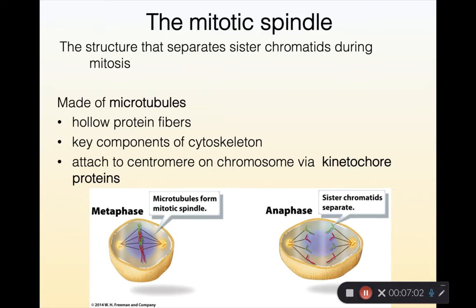Another important feature of the spindle is that the chromatids attach to it via the centromere. And the binding that occurs there is on something called kinetochore proteins. That's what enables the centromeres to bind to the spindle, and ultimately, that's what drives the system to allow mitosis to successfully divide these cells.